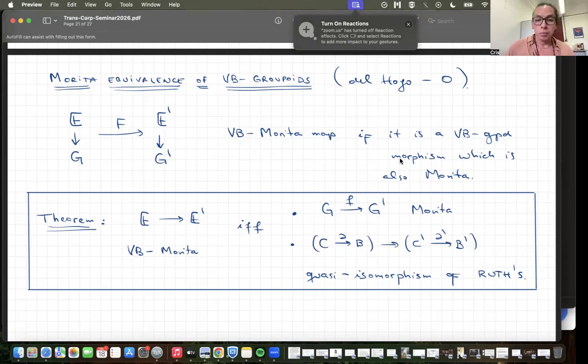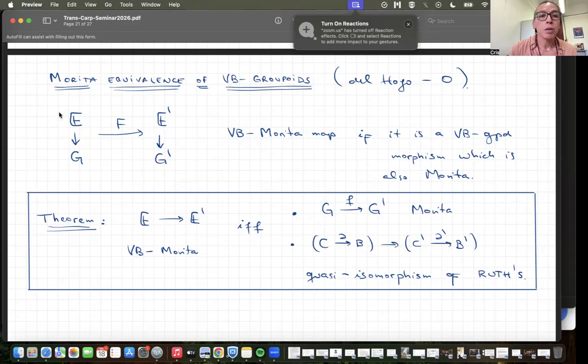Okay, so I want to tell you some words about Morita equivalence of VB groupoids. So now we have a VB groupoid E over a groupoid G, and a VB groupoid E prime over a groupoid G prime, and a map between them, a VB groupoid map. So we will say that this map is a VB Morita map if it is a VB groupoid morphism, but it is also Morita.